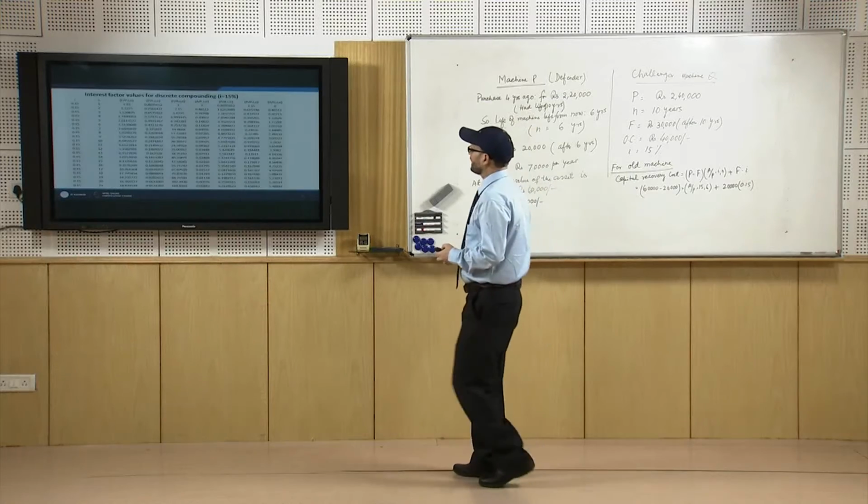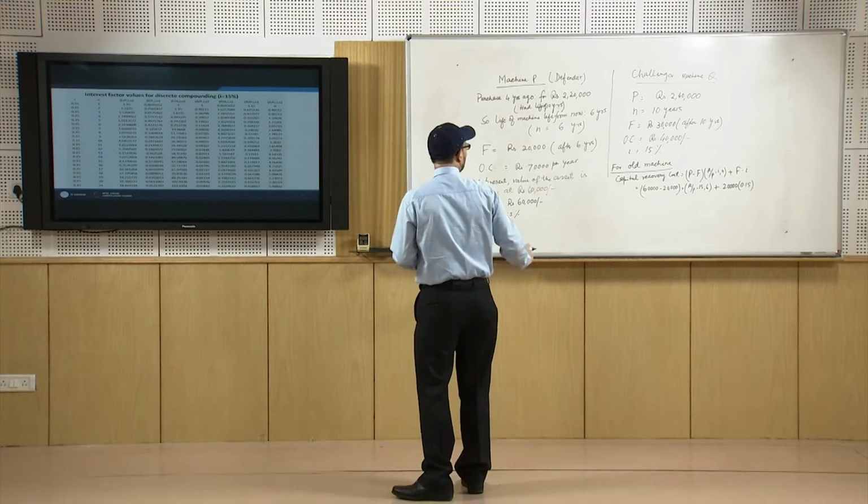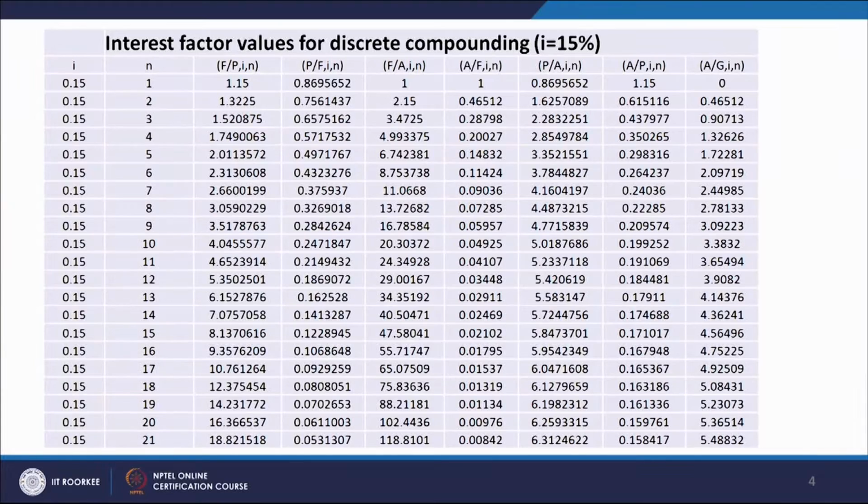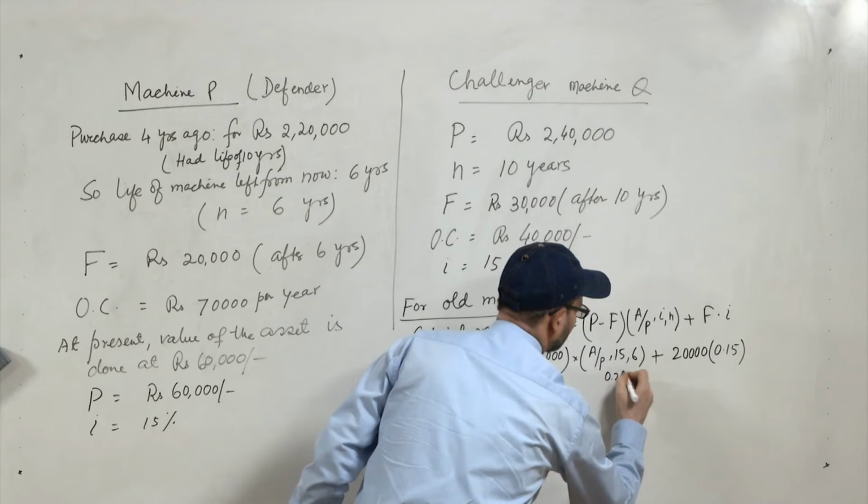So, we have to get the value of the factors. A/P 15, 6 will be somewhere here and this is 0.264.